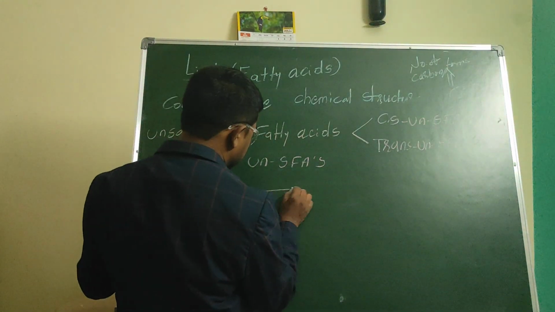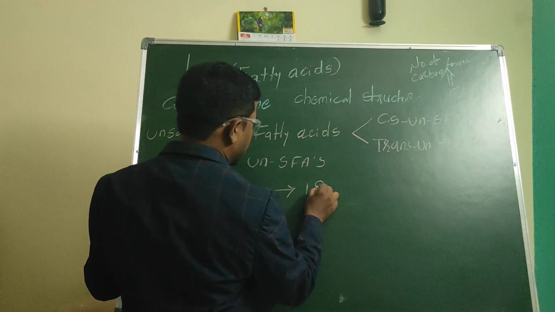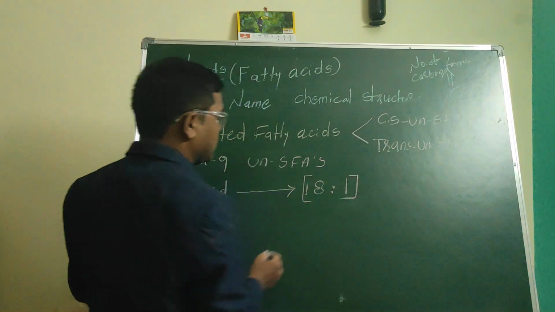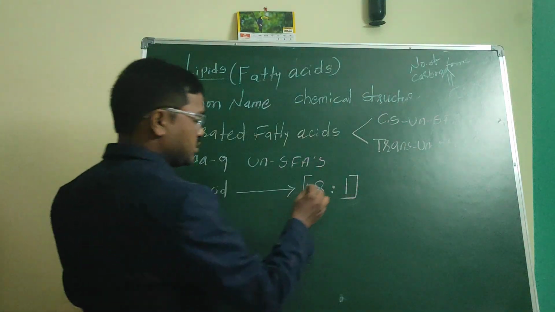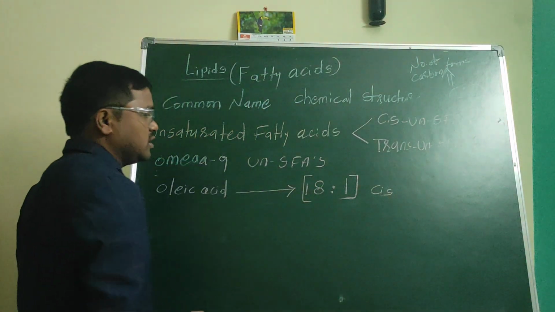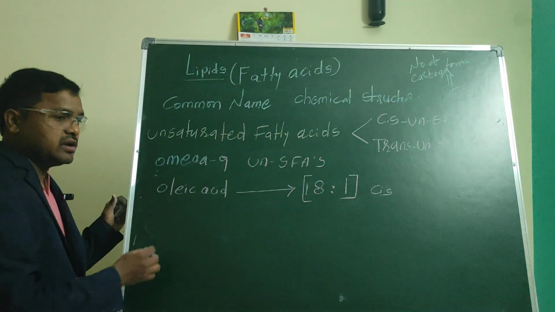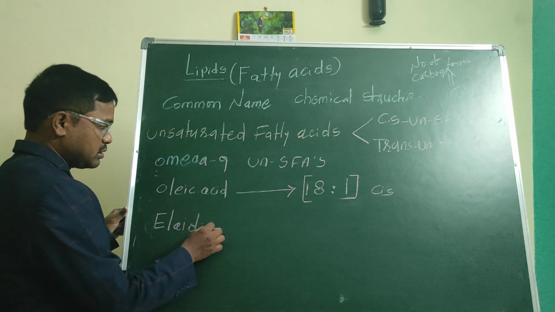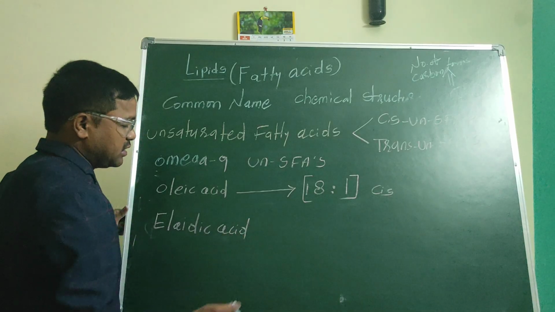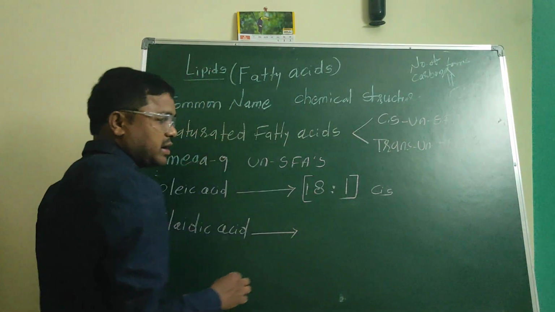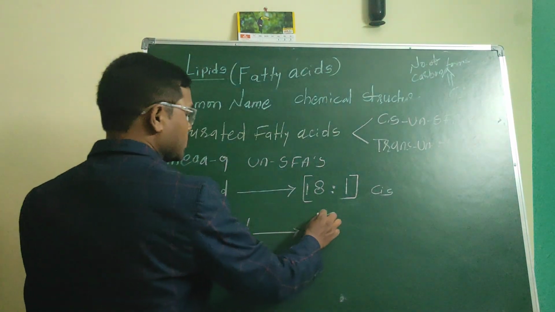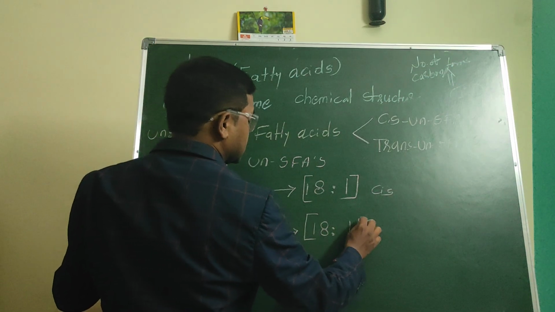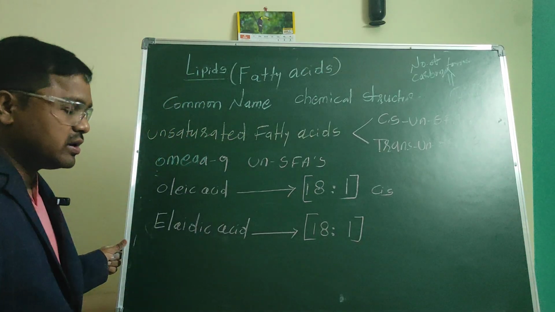The number of carbon atoms in oleic acid is 18 and the number of double bonds is 1, and this is cis unsaturated fatty acid. Elaidic acid. The number of carbon atoms is 18 and the number of double bonds is 1, and this is trans.